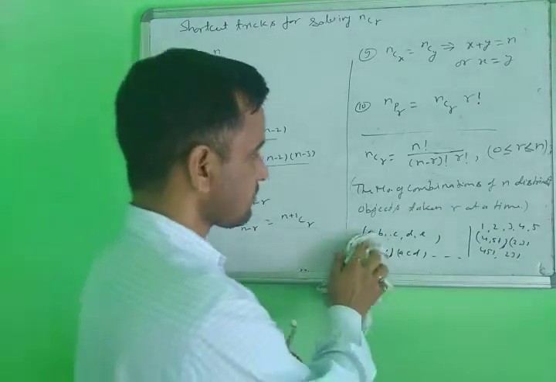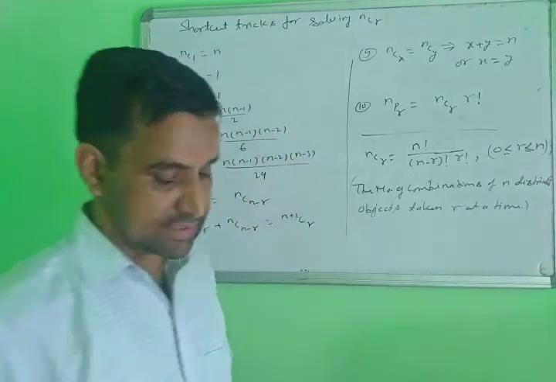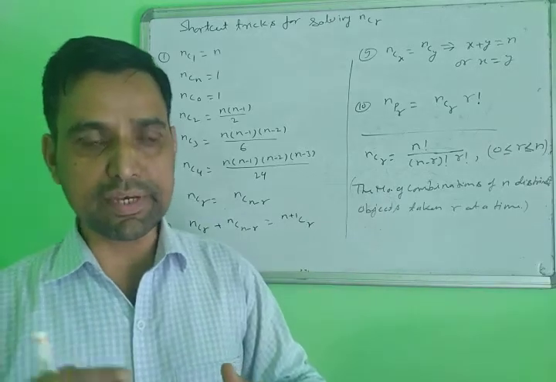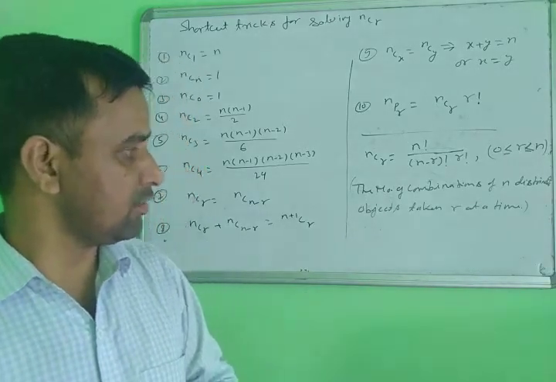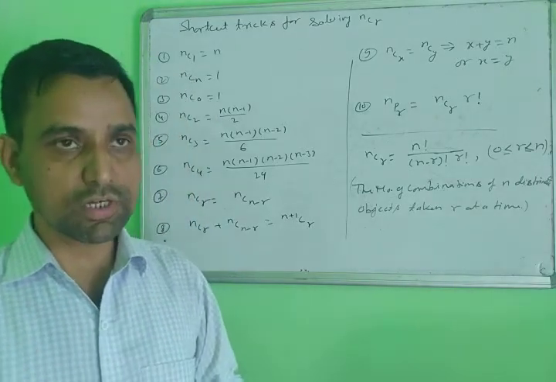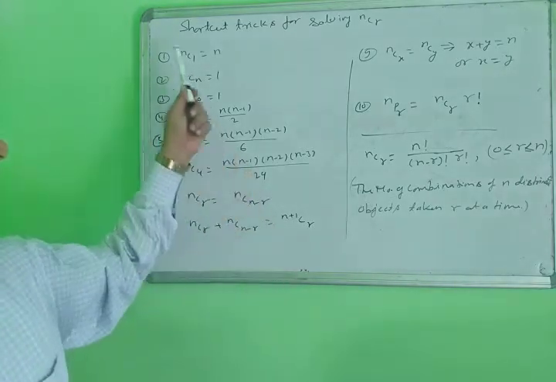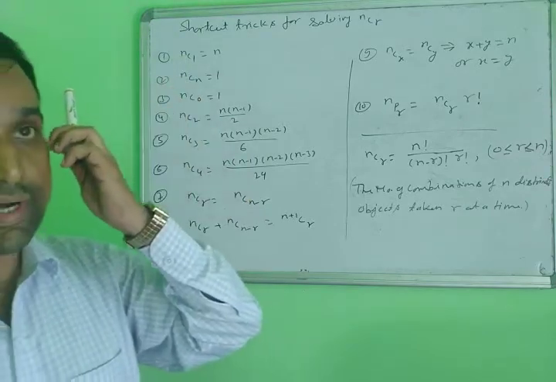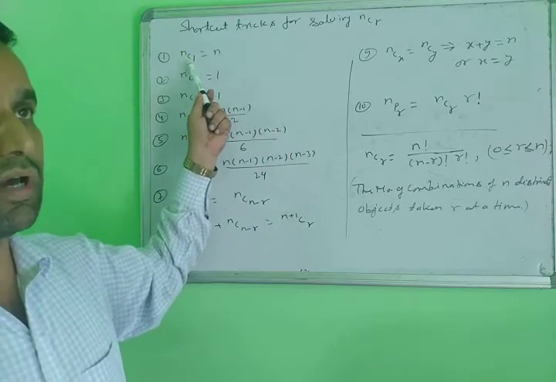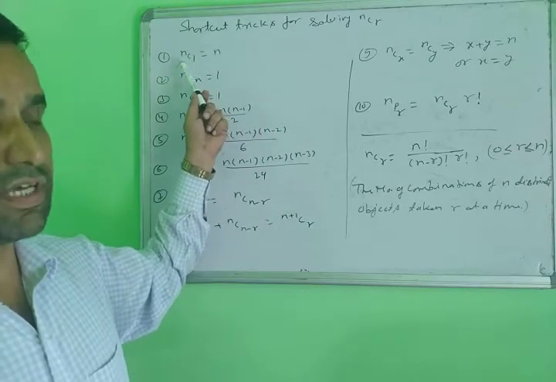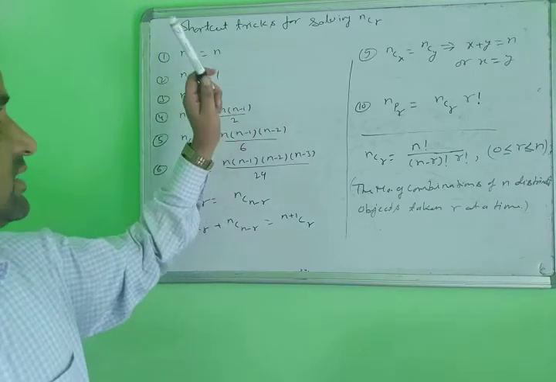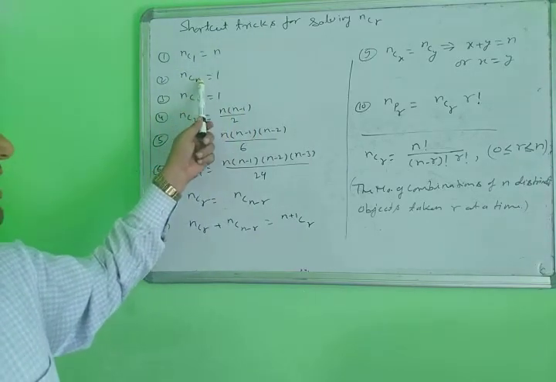If you select the numbers in this way, you will consume a lot of time. Then you have some shortcut tricks. The first trick is nC1. Suppose you have n total distinct objects and you take only one at a time, one letter or one digit at a time; the identity is nC1 equal to n. Second, nCn.